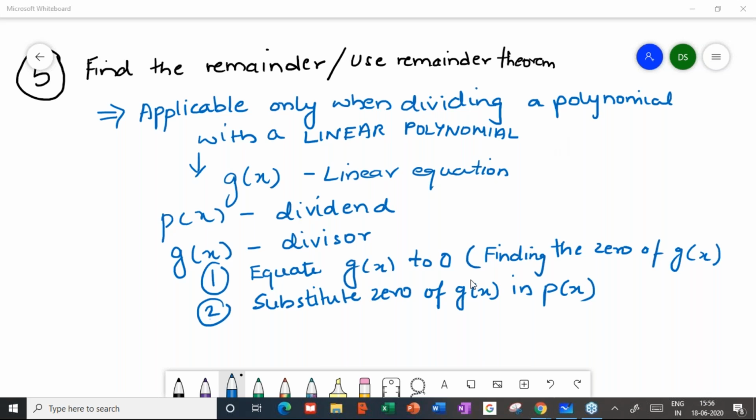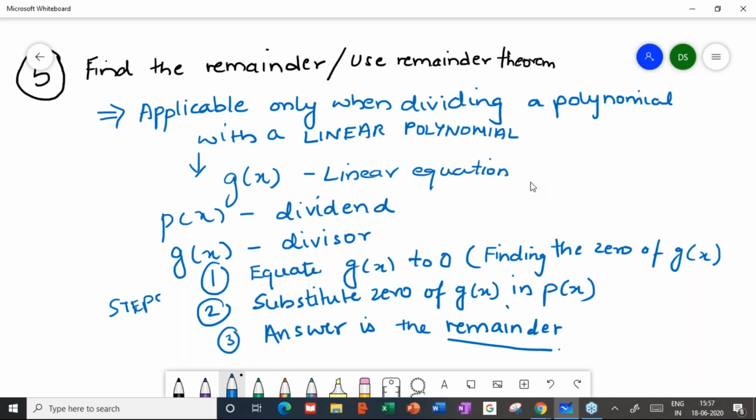Okay. Yep, substitute. Awesome. So whatever answer you get, the answer is the remainder. Okay, you can write these steps down. These are the steps, right?